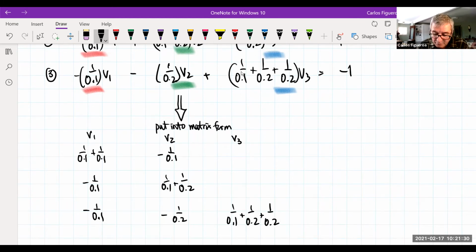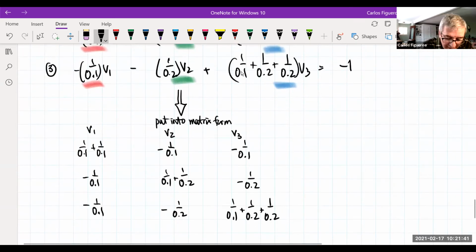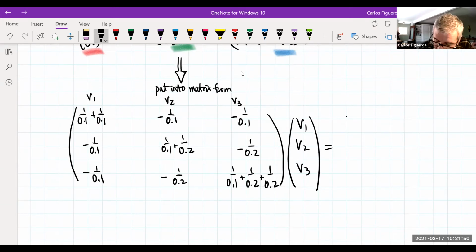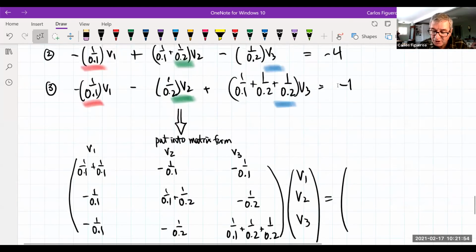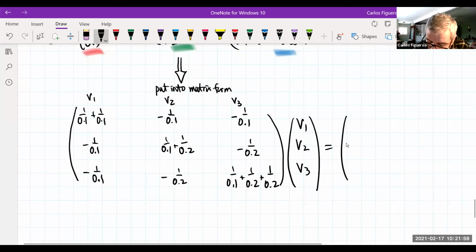And then if I just keep moving up, I'm going to get minus 0.02. And then I'm going to get minus 0.1. And then I call that my matrix. And then that's V1, V2, V3. And then I put in my current source values, which are going to be 4, minus 1.